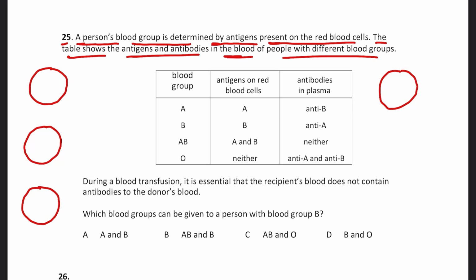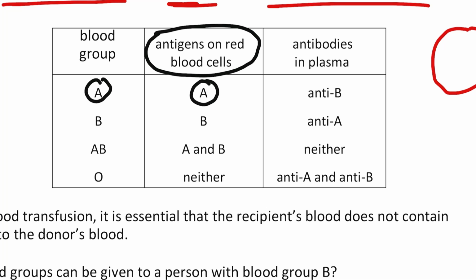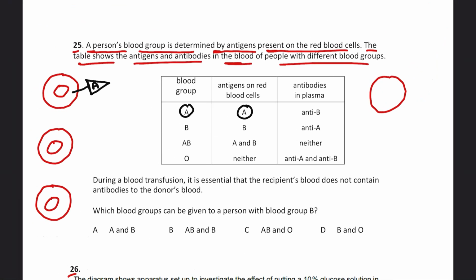If we talk about the red blood cell of an individual with blood group A, there will be an antigen known as A antigen. So if blood group is A, the antigen on the red blood cell will be antigen A. If the blood group is B, then the antigen on the red blood cell will be antigen B. If the blood group is AB, then there will be both A antigens and B antigens on the surface of the red blood cells.